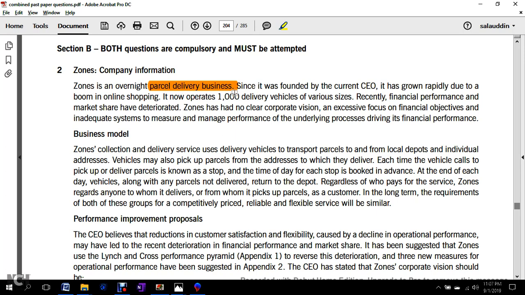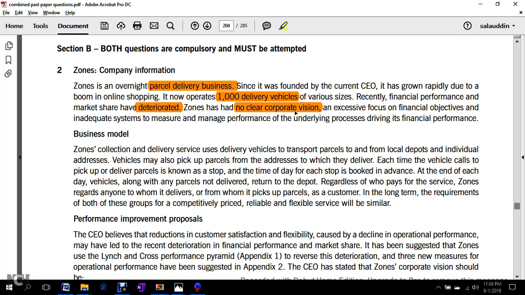It now operates 1,000 delivery vehicles of various sizes. Recently, financial performance and market share have deteriorated. That's bad. What are they doing with 1,000 vehicles and rapid growth? Their performance deteriorated. Jones has had no clear corporate vision, so it should have been bad.